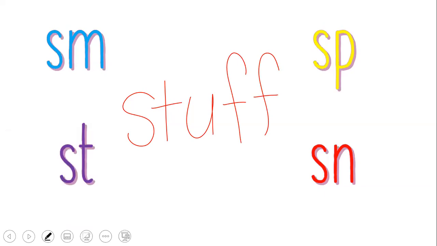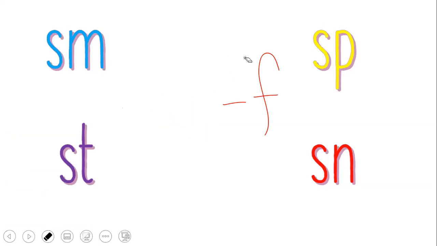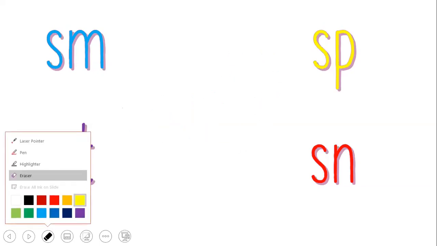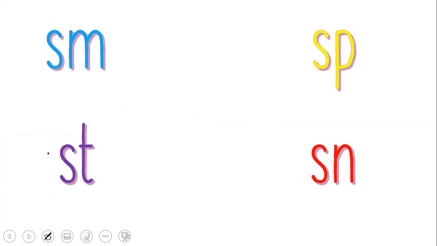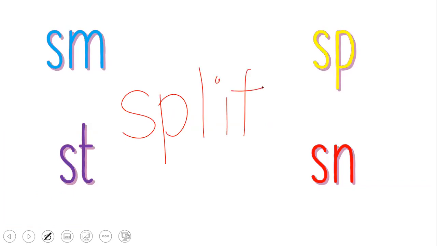Okay, we'll do two more. We'll practice each pattern. Okay, so now we have the SP. I want to go ahead and do that word, split. So I've got sp, and then I hear the it, and then I know it is IT.